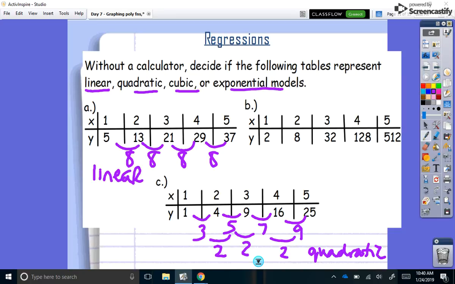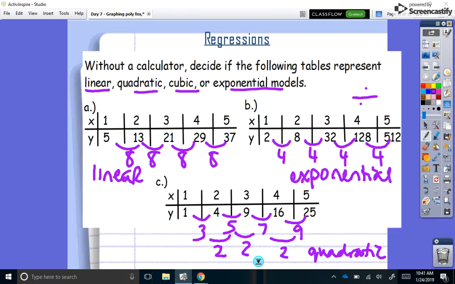So for it to be an exponential model, you have to divide. So if I do 512 divided by 128, I get 4. 128 divided by 32 is 4. 32 divided by 8 is 4. And 8 divided by 2 is 4. So this will be exponential.